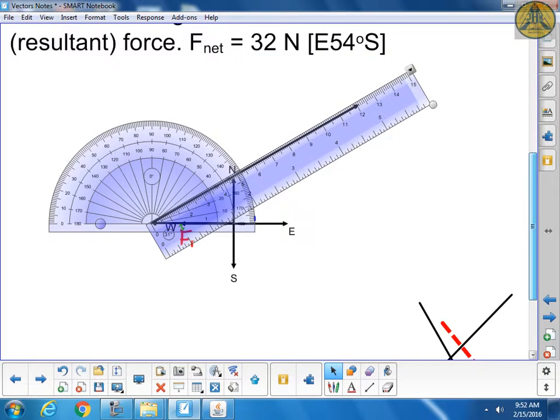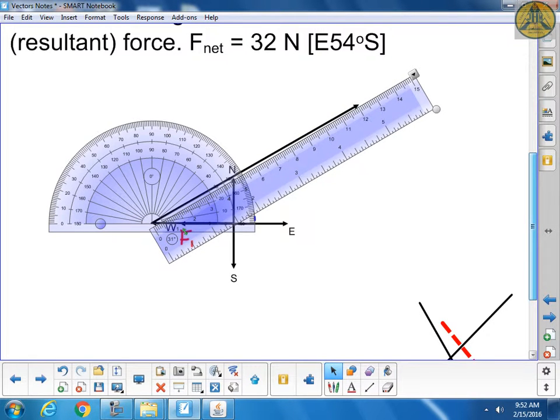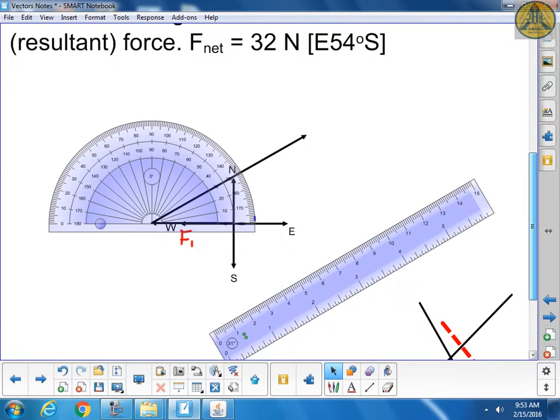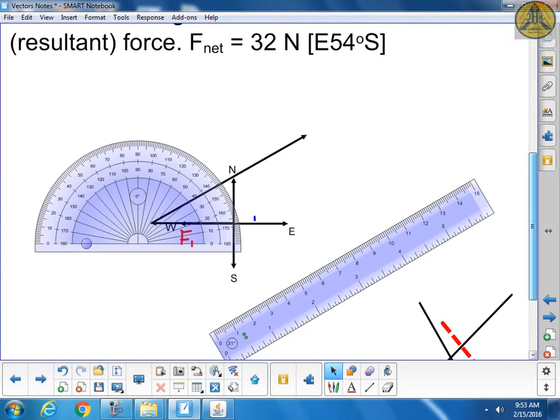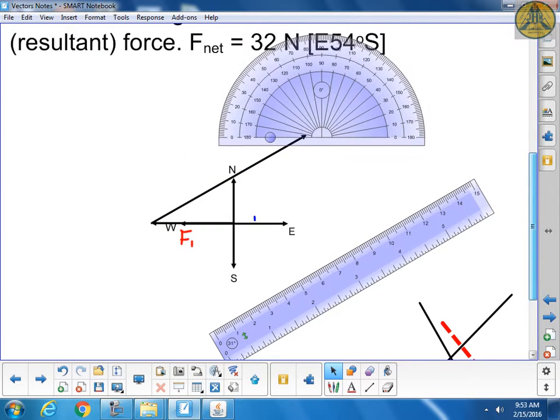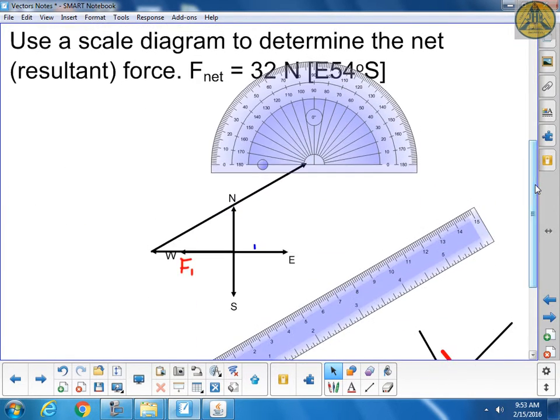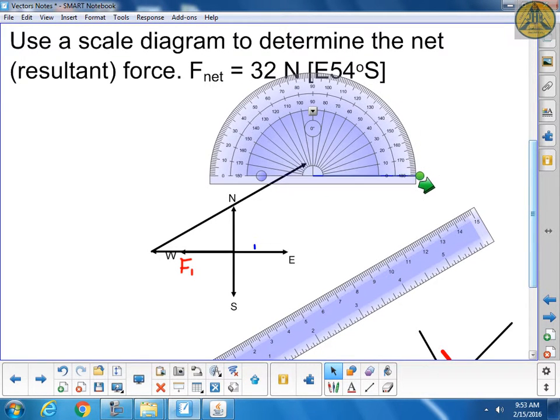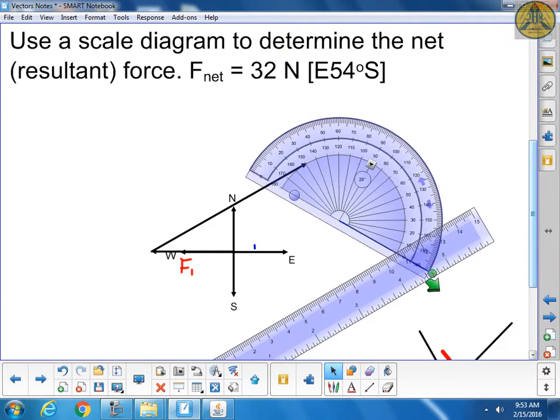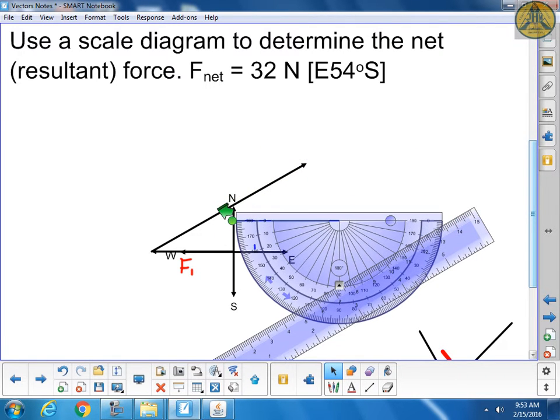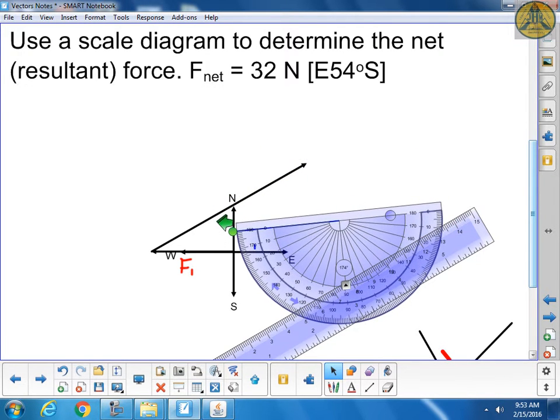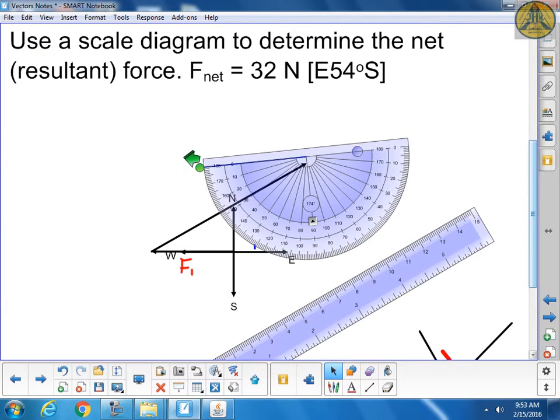Next one is now southeast, I think. It's going to be 7 centimeters east, 60 degrees south. When we're working south, I need to rotate my protractor. There we go. Anything south, I could put it completely upside down. Always putting it at the end of the arrow you just drew.